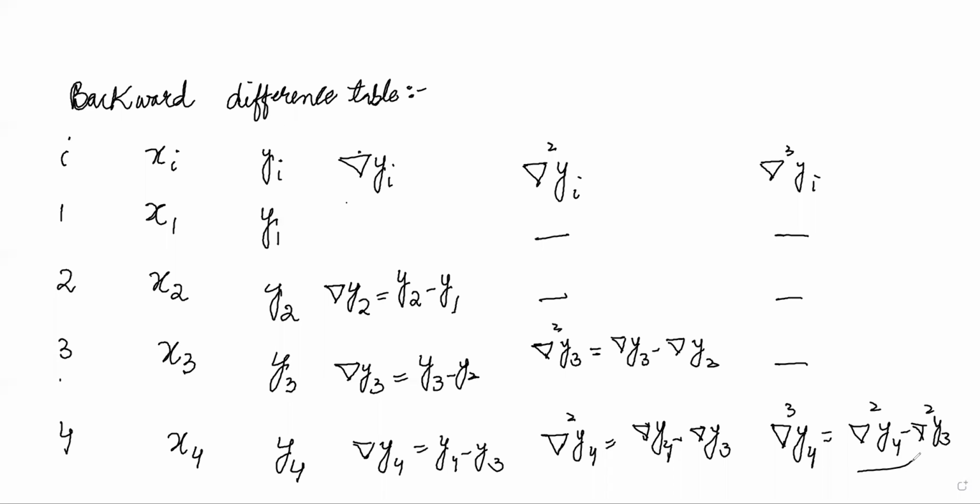There is one more table that I should also show you, which is the divided difference table. That's something important for us, though we will not be using it, but still we should show how we define the divided difference table.